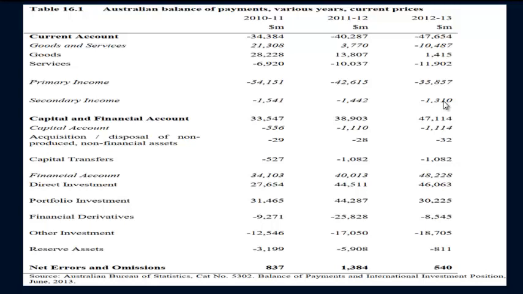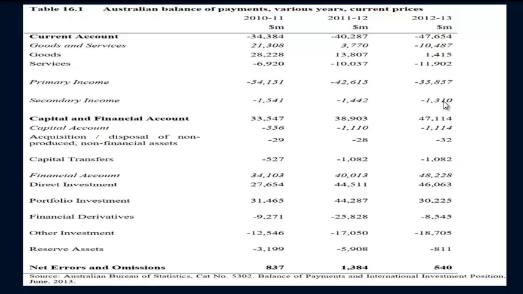If the Australian government sells a treasury bill to some foreign bank, that will be a transaction which is recorded in the capital account. Similarly, there are capital transfers, which include remittances coming in or remittances being sent out. Both of these are counted.